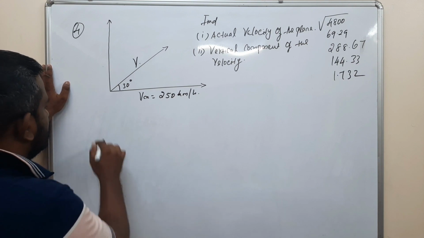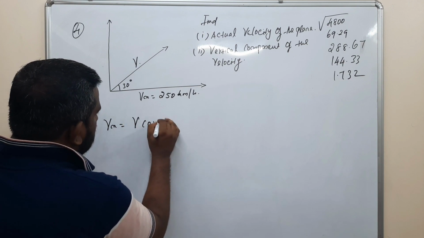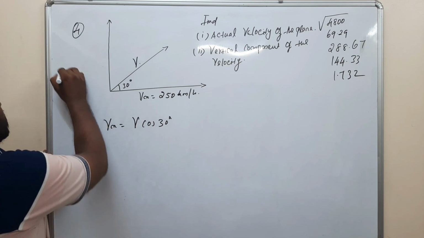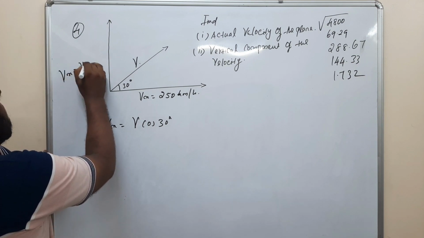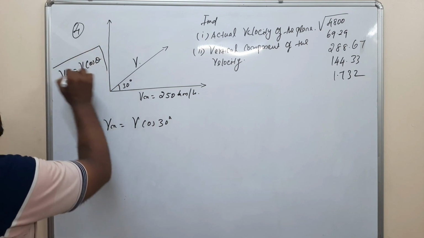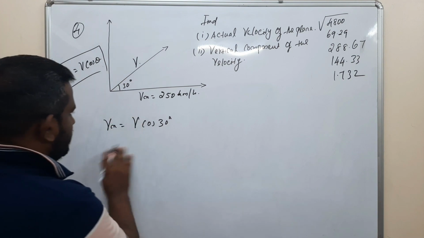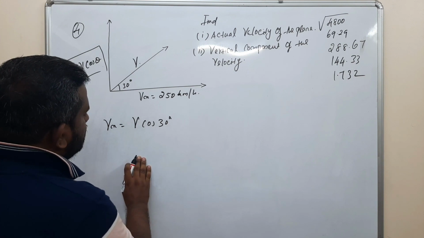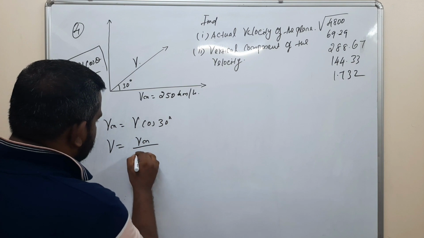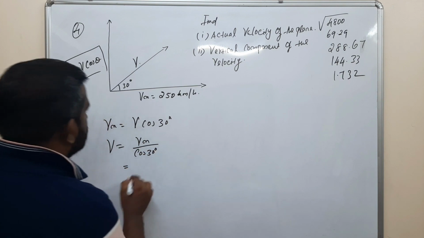We know the formula, Vx equal to V cos theta, horizontal component. So Vx equal to V cos 30 degree. So we have to find the actual velocity. So V is equal to Vx divided by cos 30. So that's equal to, what is Vx?